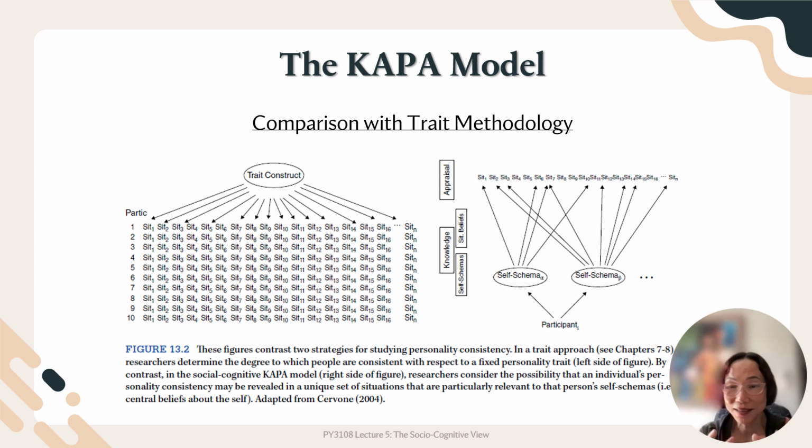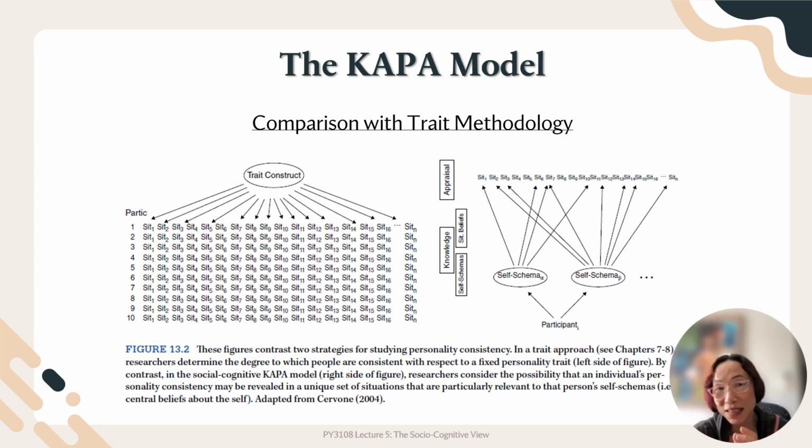and collectively work together with the influence from the environmental factors as well. So as you can see, it's different. For trait theory, identify the trait first, because the trait is the personality.